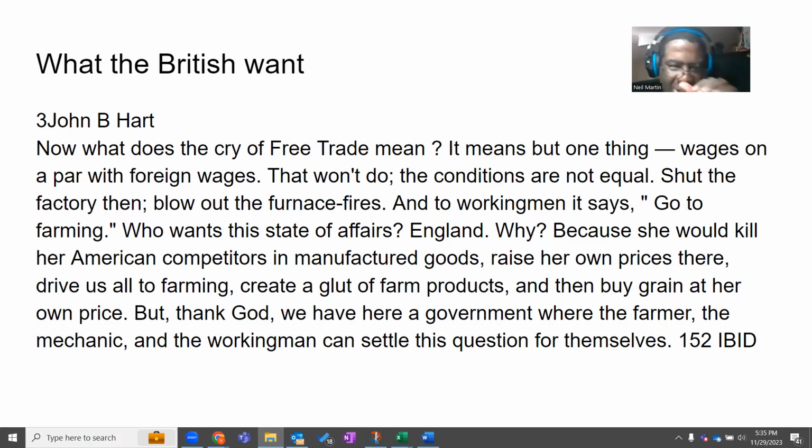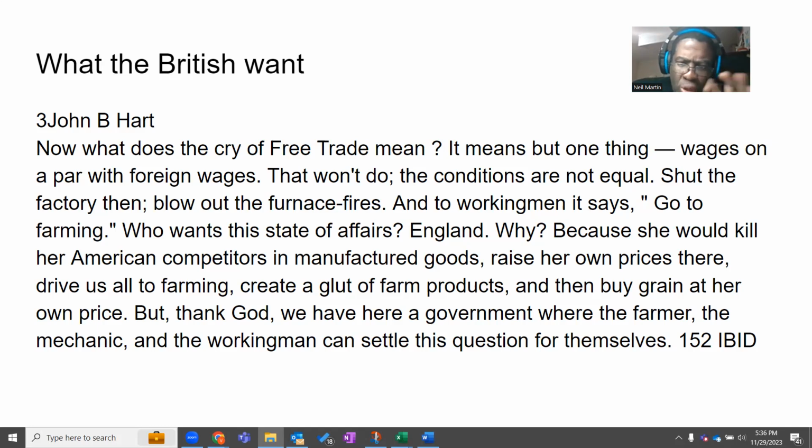Now, what he is saying is the British want to kill American competitors in the field of manufacturing. How can anybody be for free trade when their sole intent is to get rid of American manufacturers? Kill it. That's what they want to do. They want to kill American manufacturers, right?